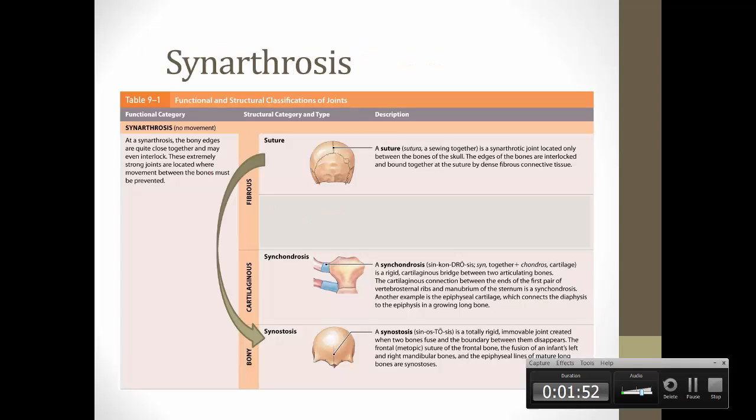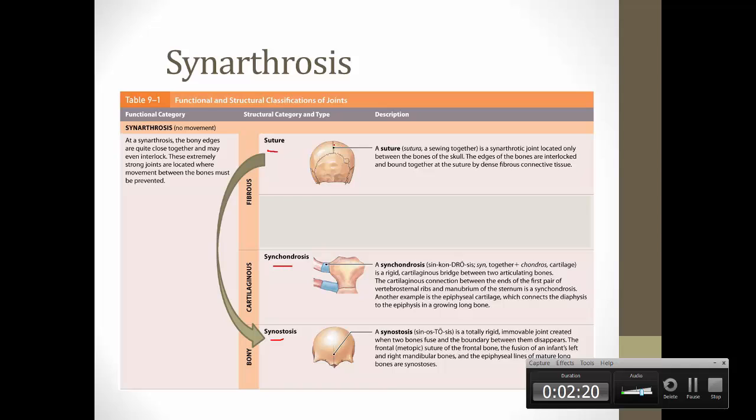So if we further classify that, we'll start first with the synarthrosis joints. We have either sutures, synchondroses, or synostosis. The sutures are the joints between the skull bones, and this is the only place that we call joints a suture. And as we know, we don't have any mobility or movement between the skull bones.